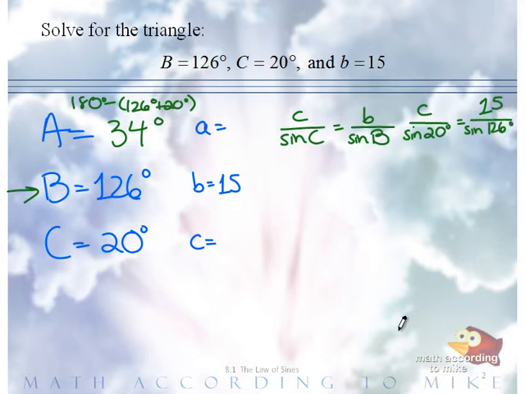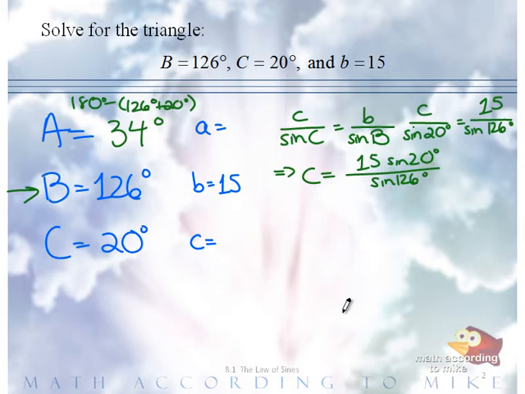So to solve for side c, we would multiply both sides by sine of 20 degrees. So little c would equal 15 sine of 20 degrees over the sine of 126 degrees.